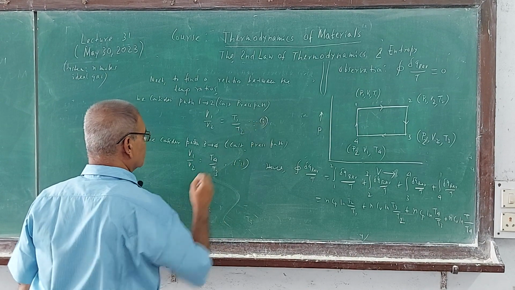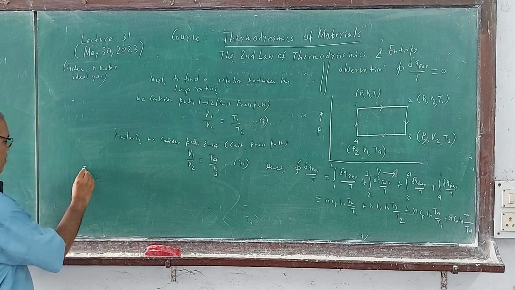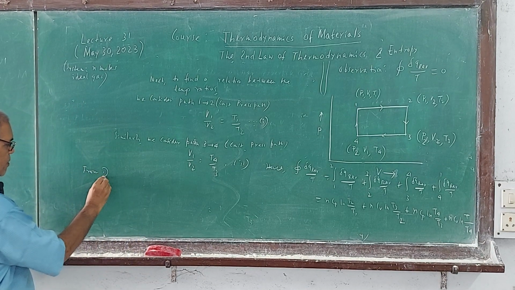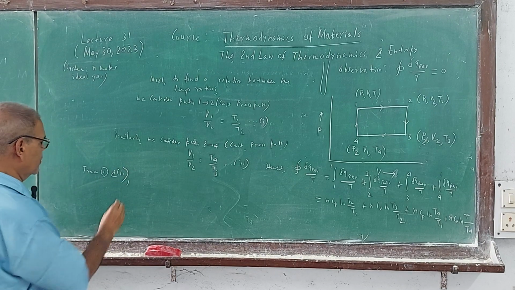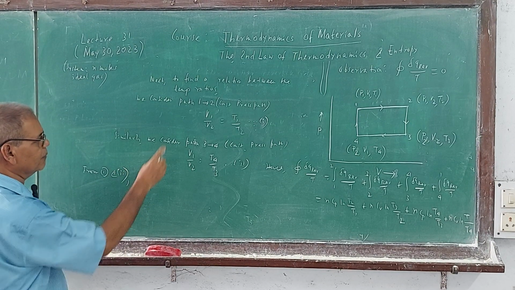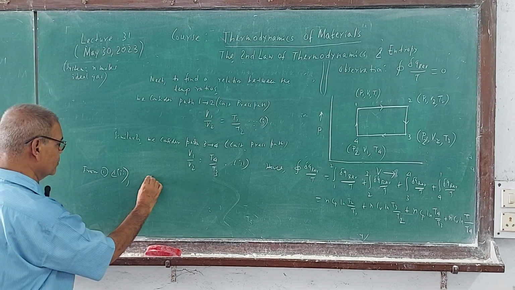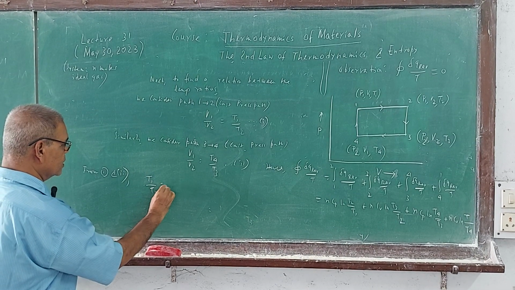So from 1 and 2, what do you get? V1 by V2 on the left-hand side, so T1 by T2 is T4 by T3.